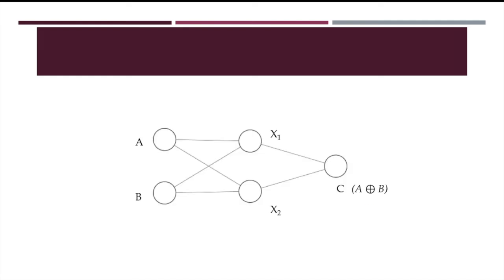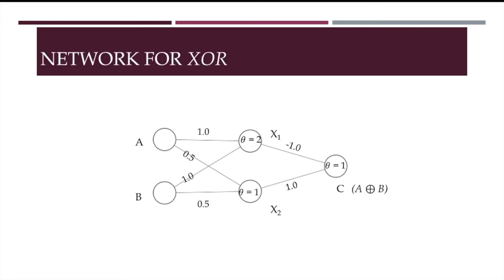Now, it turns out that if we add another layer, we can indeed represent the XOR function. So, for instance, take this set of weights and thresholds. We have two hidden units, x1 and x2. To x1 we have given a threshold of 2, and to x2 a threshold of 1.